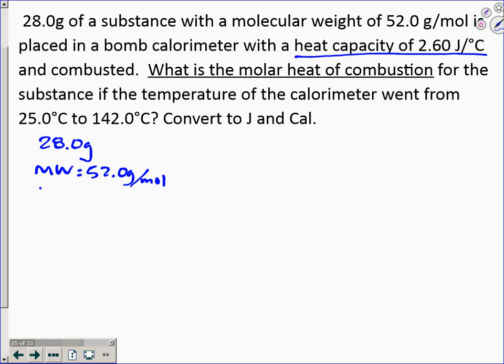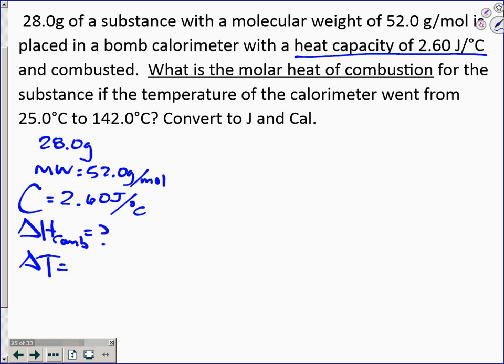Say again? Capital C. Just making sure you're labeling as you go. Watch the person next to you and see if you can problem solve first.